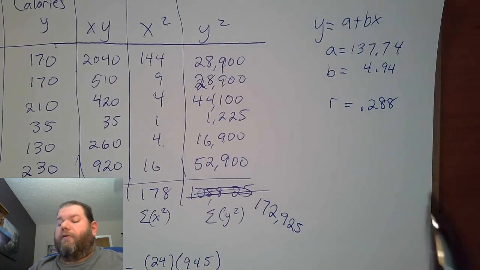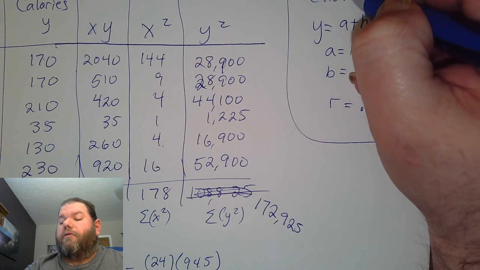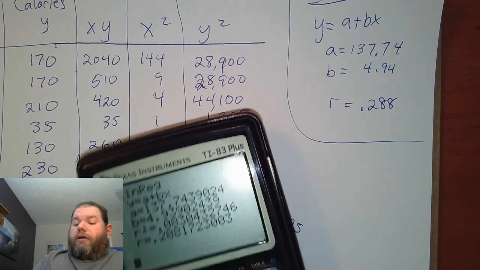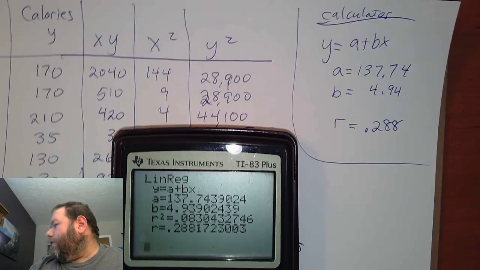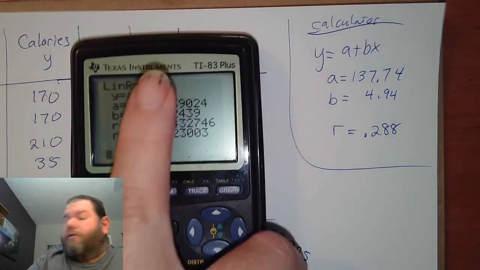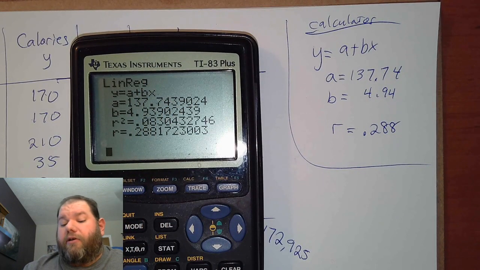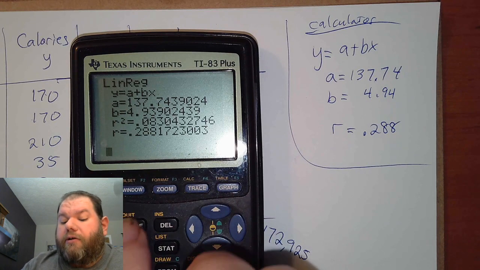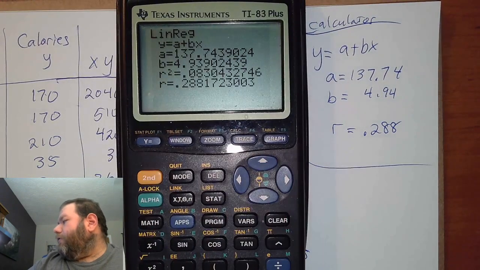Okay, so we have this information from the calculator. Now, to actually go through and graph this on the calculator, for those of you that are interested in that, we'll go into stat plot, which is a little bit off screen there.